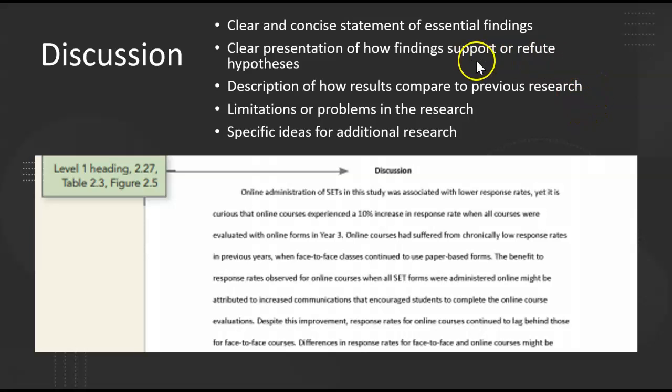If you find a correlation between two things, that is a significant positive relationship, what are some possible interpretations of that relationship between variables? If you find a mean difference between two groups, what are the possible explanations for that finding? If your hypotheses are not supported and they're not consistent with previous research, why do you think that is?